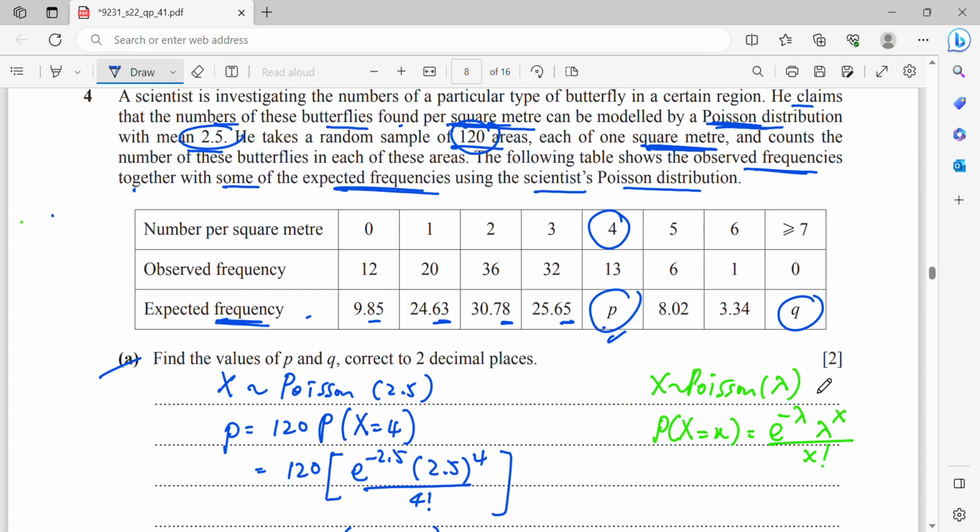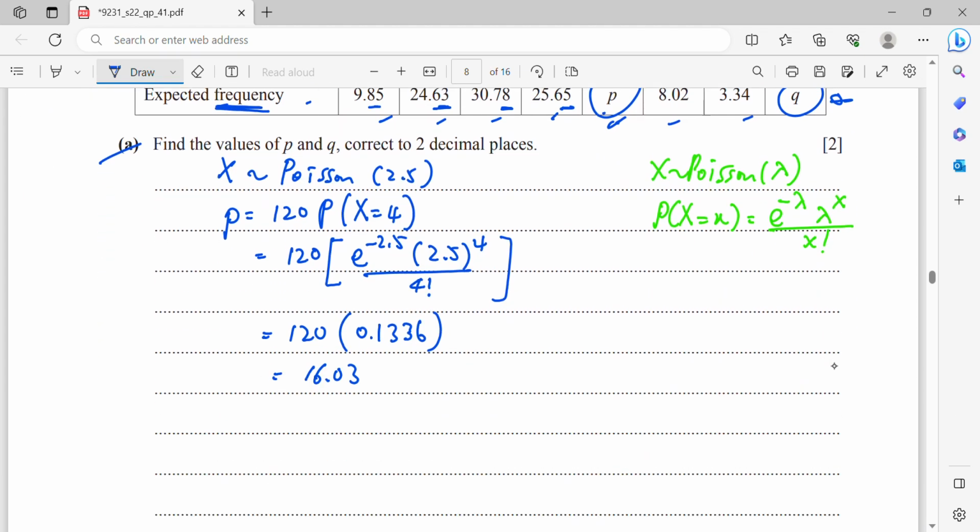Now for the Q, this Q is the expected frequency when X is at least 7. For the Poisson distribution, your X value goes from 0 until infinity. So to get this Q, we may use 120 minus all of the rest of the expected frequencies. That's the easiest way to count.